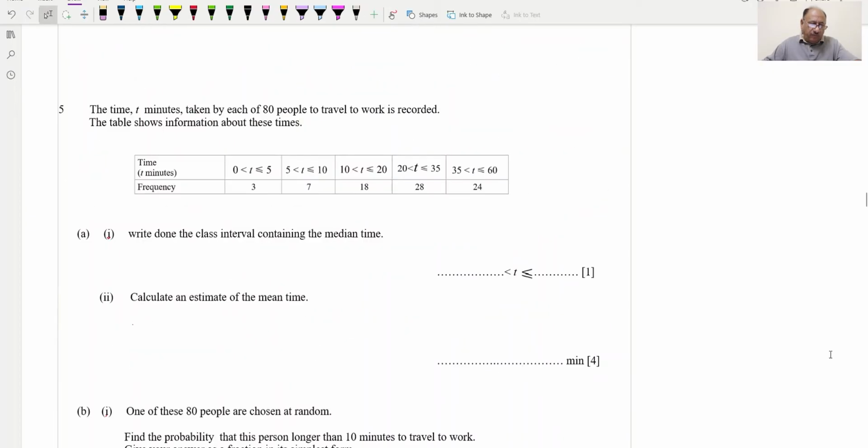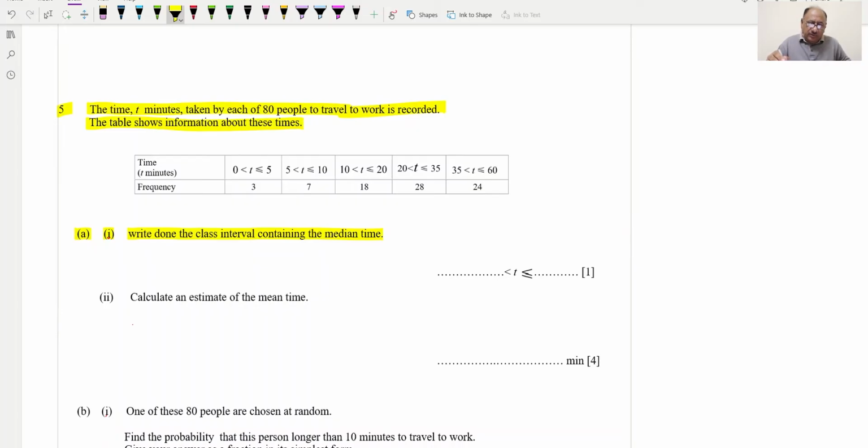Now question number 5. The question says the time t minutes taken by each of 80 people to travel to work is recorded. The table shows information about these times. Part A, part 1: write down the class interval containing the median time.